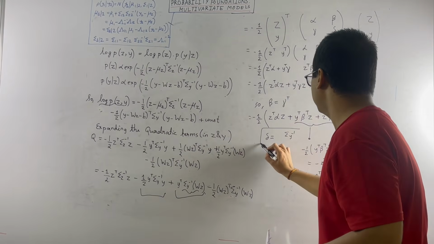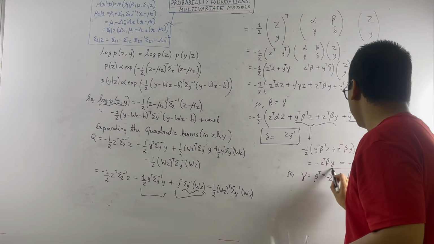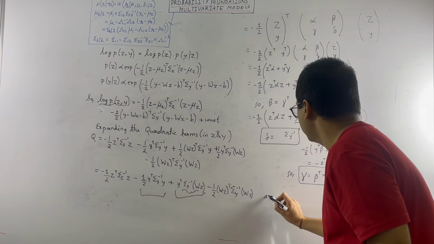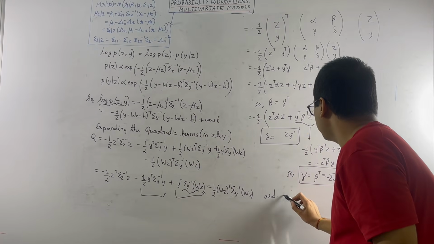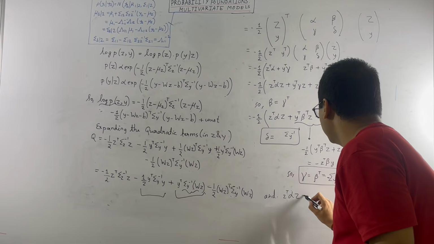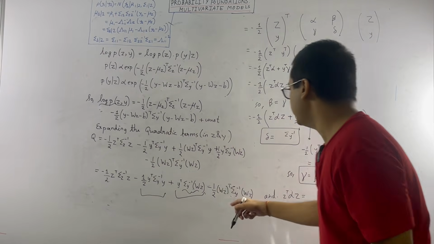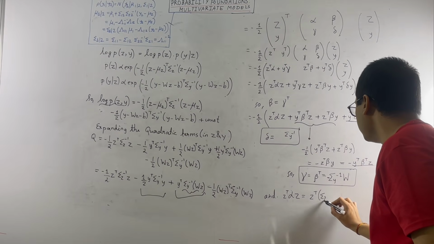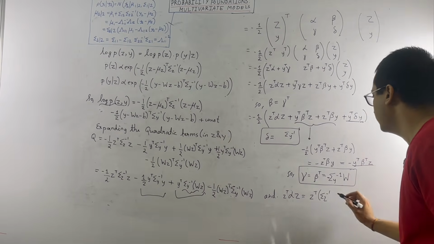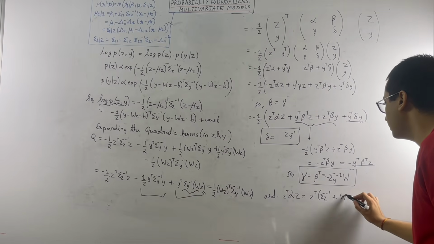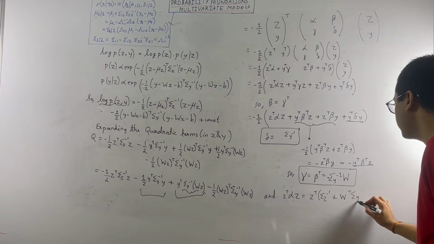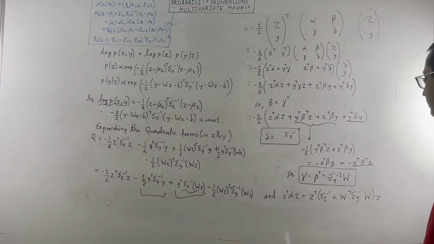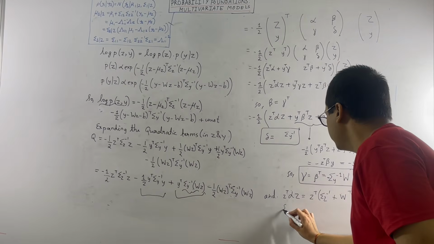This is delta, this is gamma, which is beta transpose, and z transpose alpha z is equal to this term and this term, right? So z transpose Sigma_z inverse plus W transpose Sigma_y inverse W z, right? I just took this term and absorbed it here. So what is alpha?